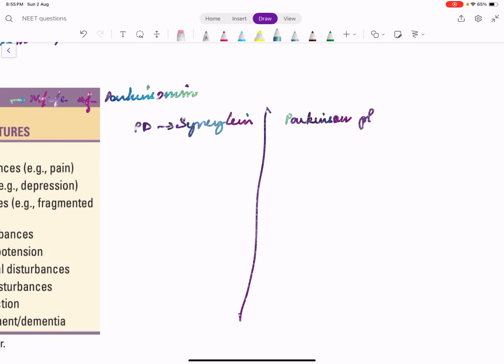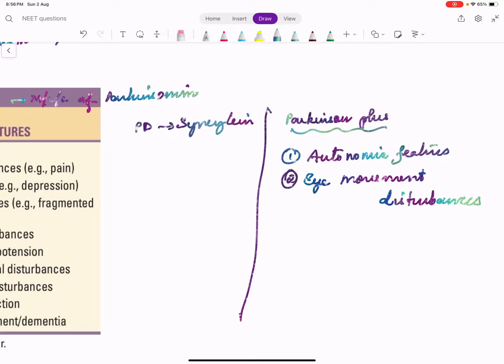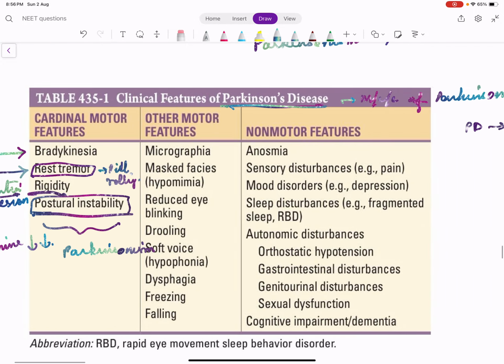So in addition to this classical four, we have some atypical features like there may be autonomic features. There may be eye movement disturbances. Like this, we tell about different types of Parkinson's plus. I'll tell you that also.